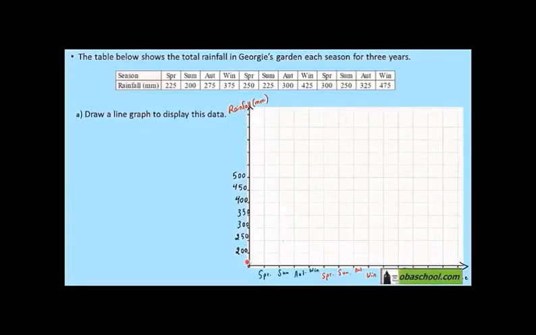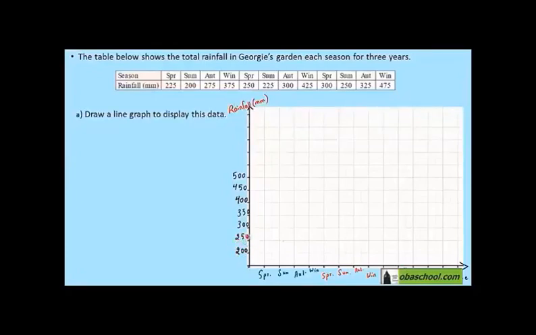And on the y-axis is where we're going to have the amount of rainfall in millimeters. The scale is going to go from 200 to 250, 300, 350, 400, 450, and 500. So now that we have labeled these scales, let's go ahead and start.